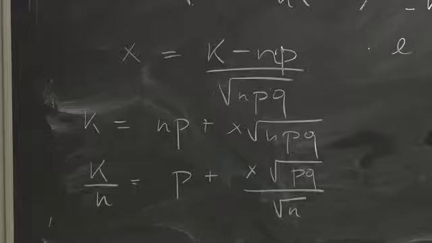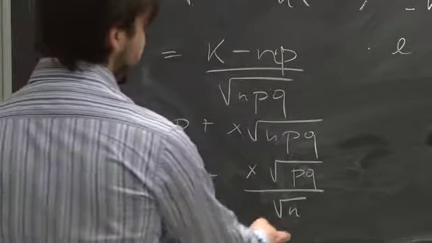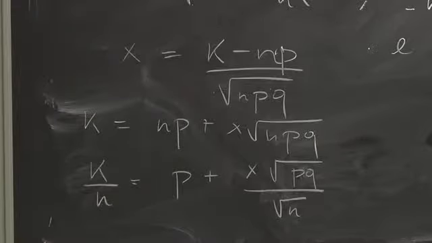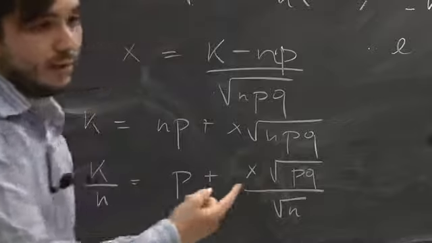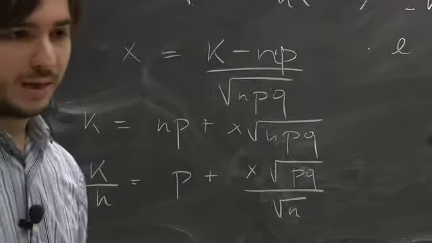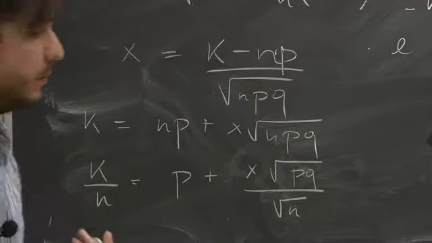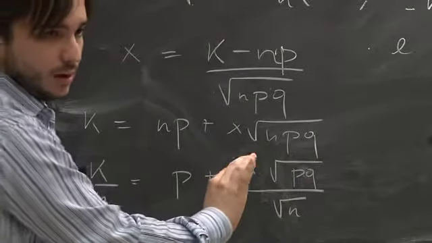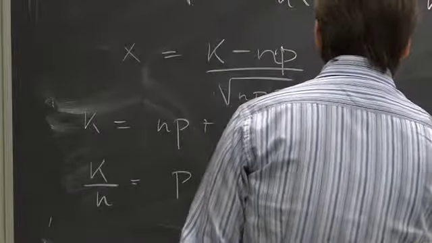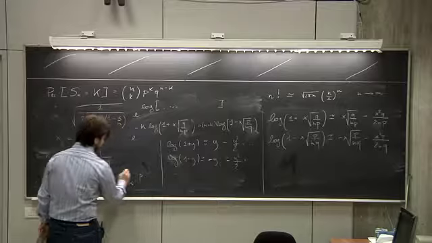So if you do the limit of large n, remember that x essentially is a quantity of order 1, because it has zero mean and the variance is 1. So it's not growing with n. Now if you do the large n limit, what you get is just p.